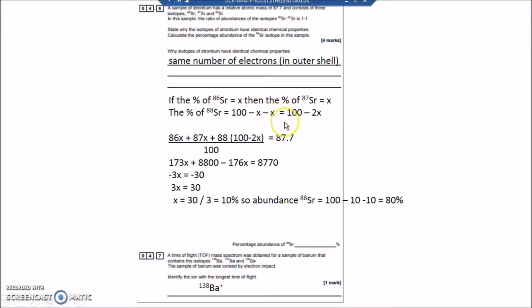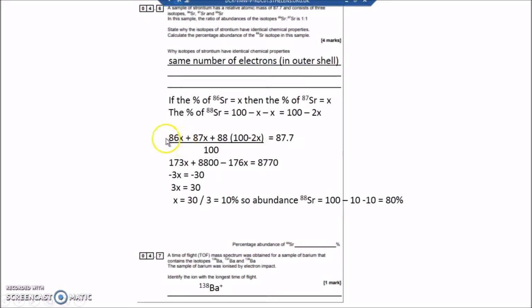Now we imagine that we have 100 particles. Out of the 100 particles, X number of particles would have a mass of 86, X number of particles would have a mass of 87, and 100 take away 2X would be the number of particles that have a mass of 88.